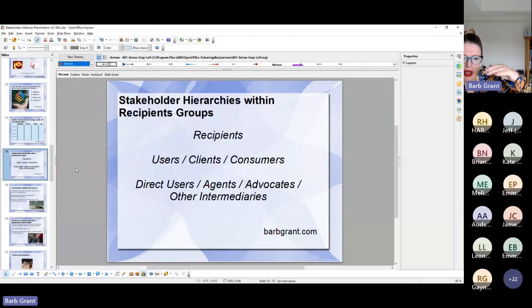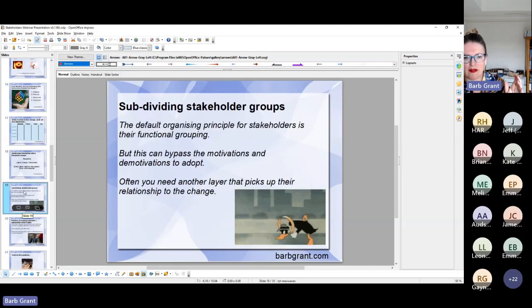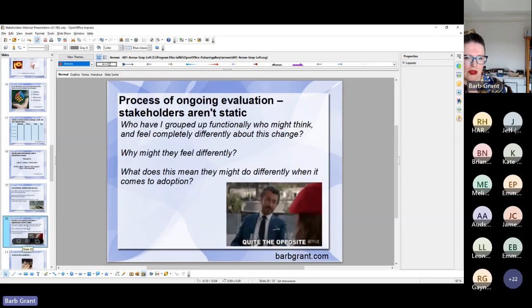So even when we get to the laundry list level, and we've got this group, say it's HR, we really want to look at that with a lot more nuance: who can we split out of it, because the thoughts they are thinking about this change have a point of difference. What I'm getting at is, if we haven't done this analysis, then we can bypass the motivations and demotivations to adopt. So there's another layer besides that functional and hierarchical grouping.